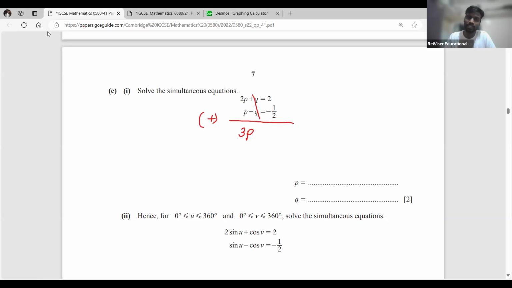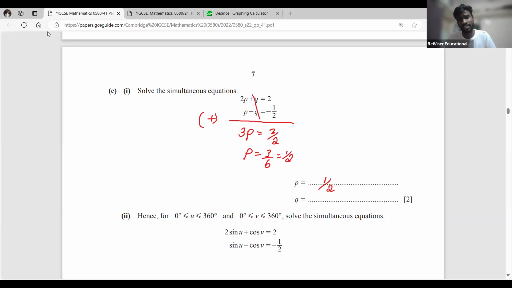That will get cancelled out. And 2 minus half is going to be 3 over 2. So this is going to give us the value of p. So your 3 will go and multiply with the denominator. It's going to give us 3 over 2 times 3, which is 6, which simplifies to half. Half is the value of p.